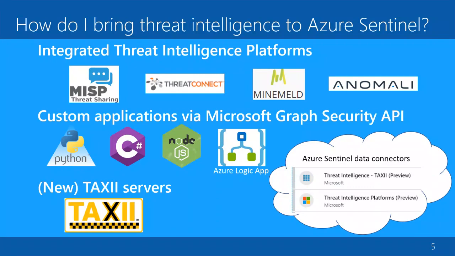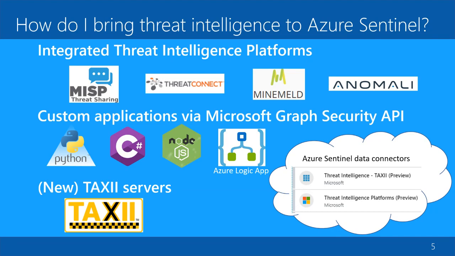It's very easy to write a connector that reaches out to an API from a third party source of threat intelligence. For example, we have a white paper that was written by one of our field folks, and I'll provide a link later in the document.